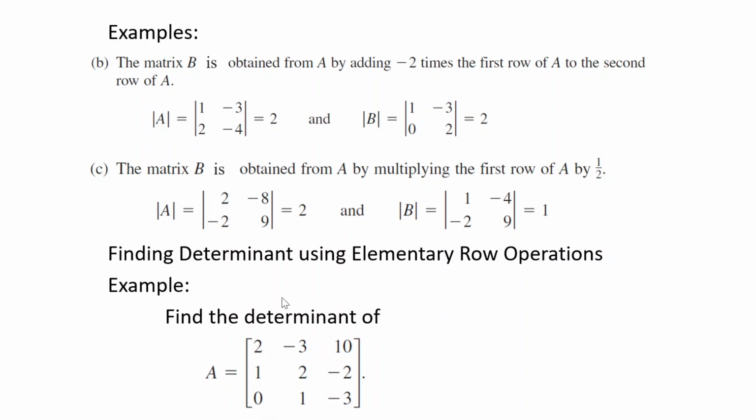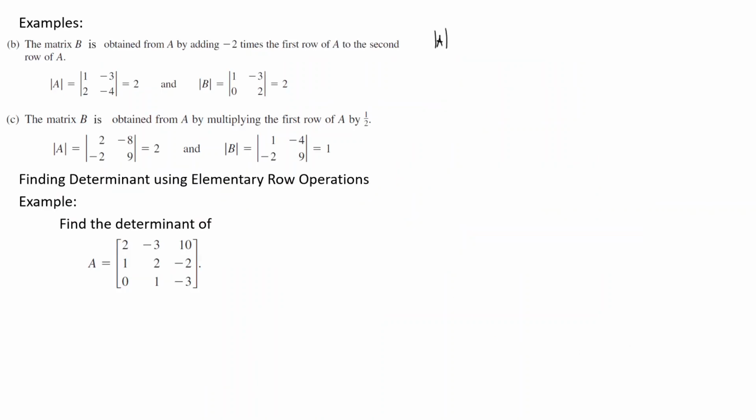In this particular given, we prefer to rewrite this into an upper triangular matrix, since we already have 0 here below the main diagonal. So the determinant of A is: 2, negative 3, 10, 1, 2, negative 2, 0, 1, negative 3.